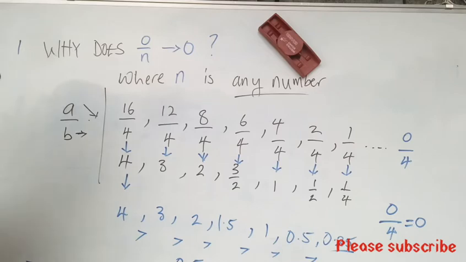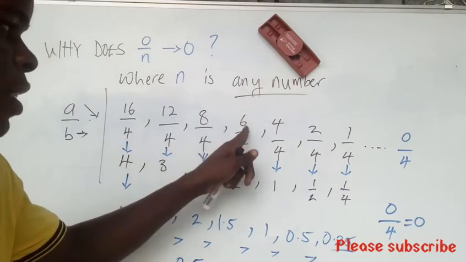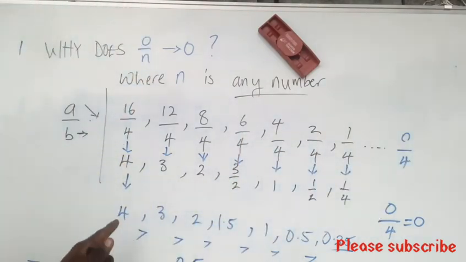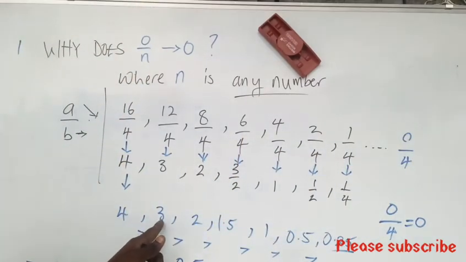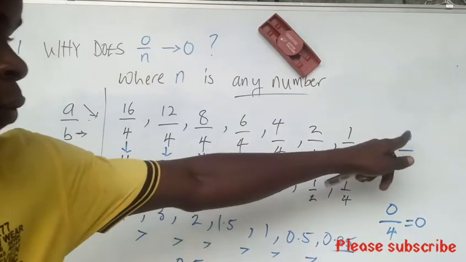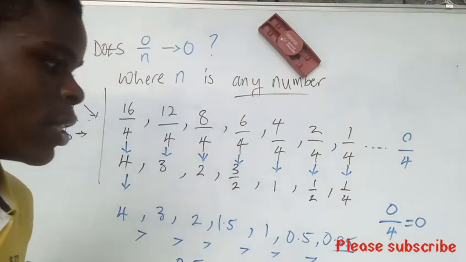I hope you have seen something. This was bigger than this, bigger than this, bigger than this. 1 is bigger than 0. That means the result for 1 should be bigger than the one for 0. So you can see it will get smaller and smaller till it gets to 0.